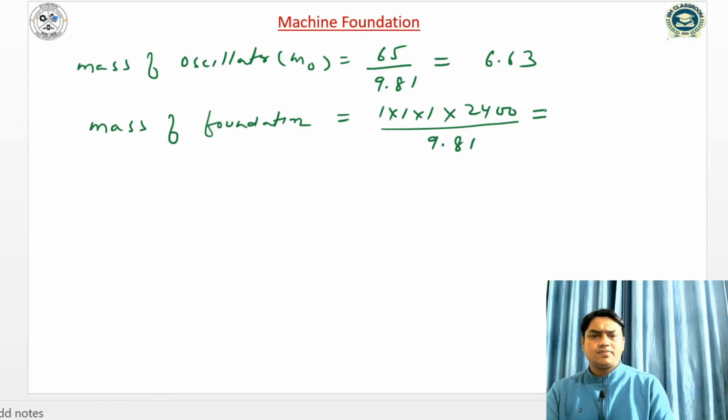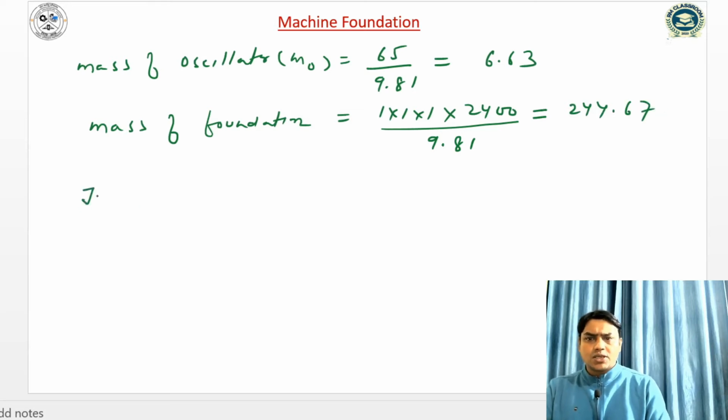So it will be 2400 divided by 9.81. So it is 244.67.